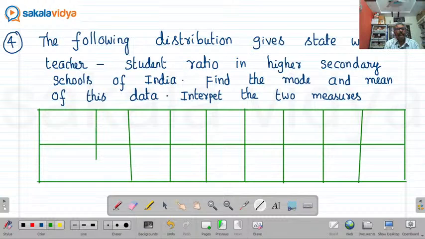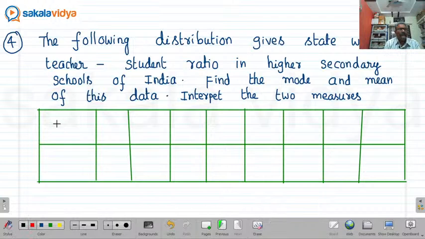Okay, one more. Right, let us fill it now. This is number of students. Next, number of states.